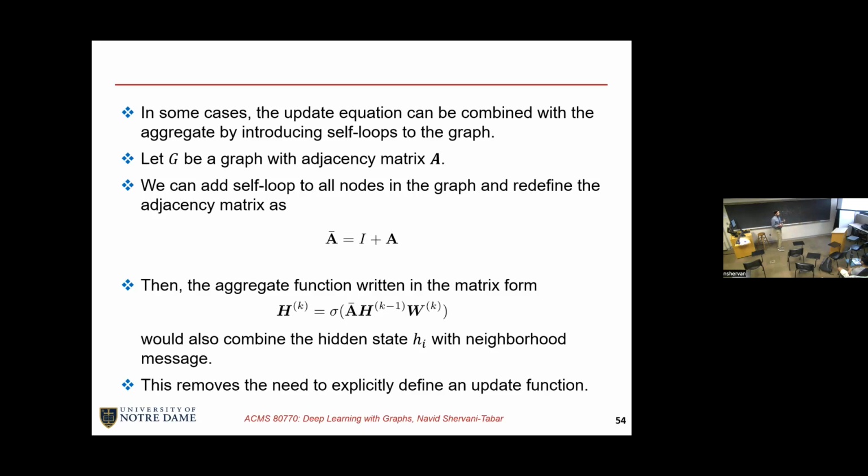These shallow embeddings were essentially projecting our node indices into some low dimensional space, and by that we were learning node embeddings for the different nodes that we have. But there were some problems with that. They were not sharing parameters. They were transductive, meaning that we couldn't extend them to future scenarios that we haven't seen during training. And we weren't able to use the features that we have on our graph.